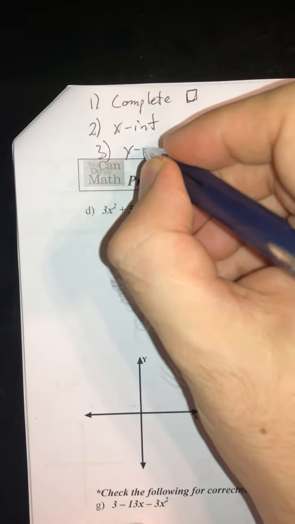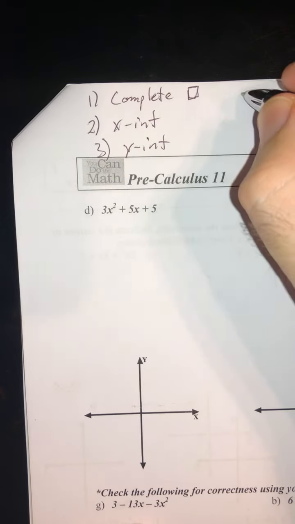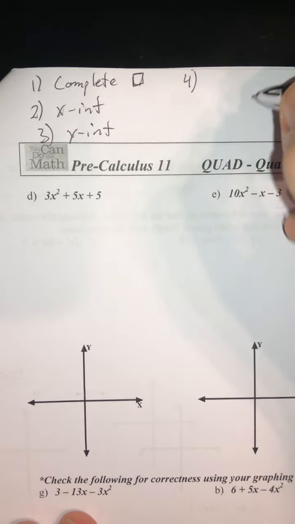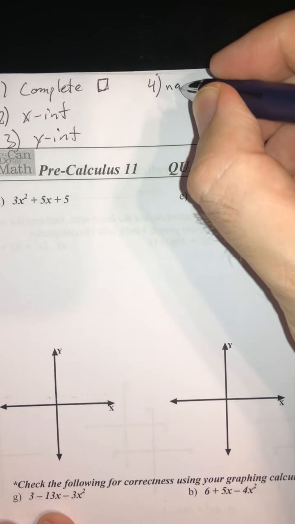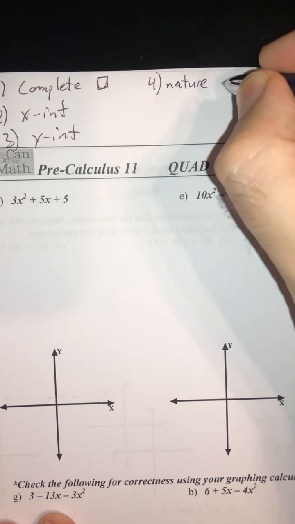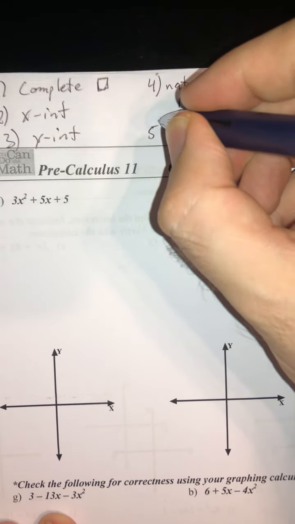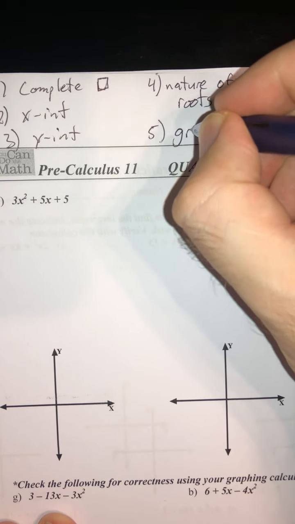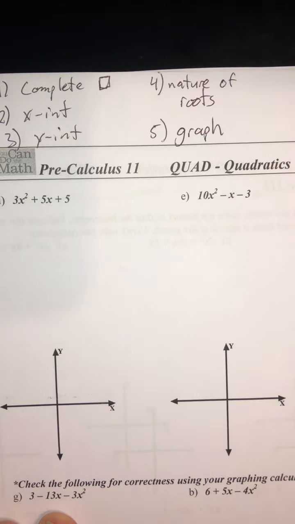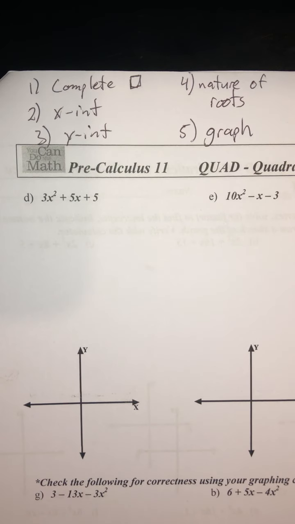Then we need the y-intercept. Then we need the nature of roots. So basically, how many roots are there? And I didn't explicitly show this in the last one, but you also need to graph it. So these are the different steps.